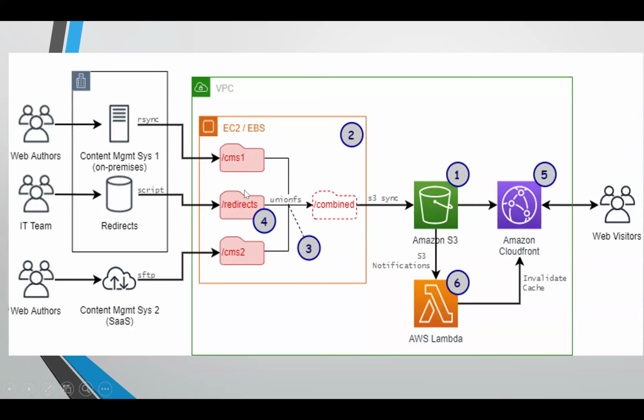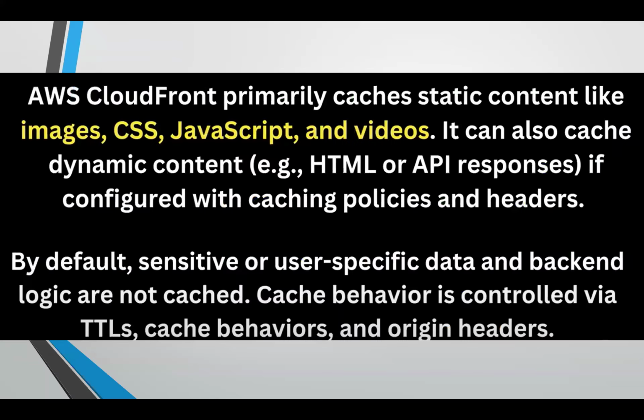But if the user is very far away, like on another continent, then the user will face latency. So just to avoid the latency, we use CloudFront to reduce the latency.